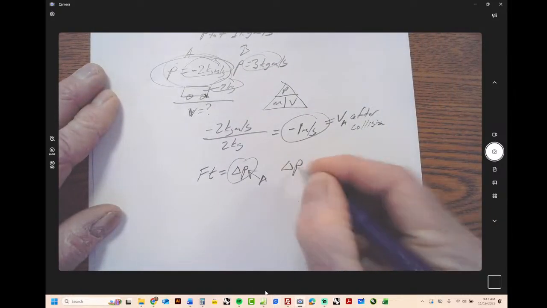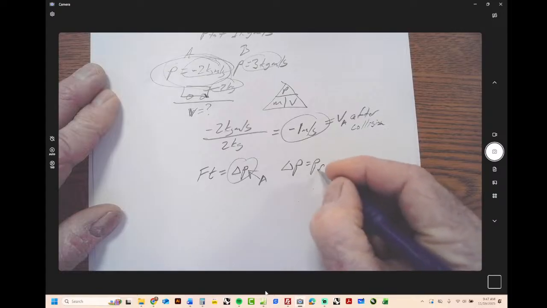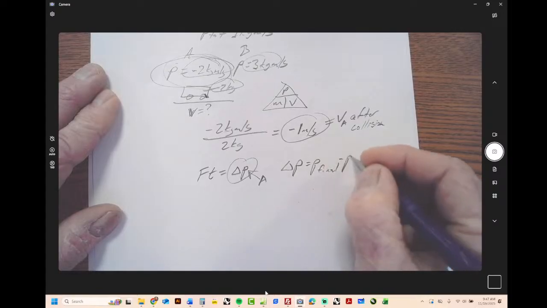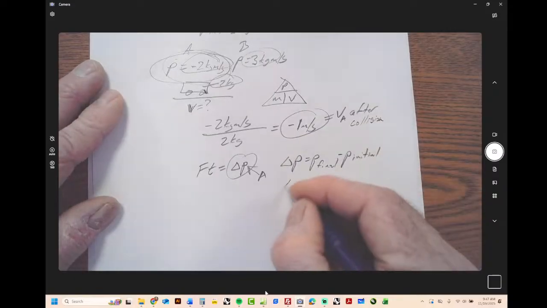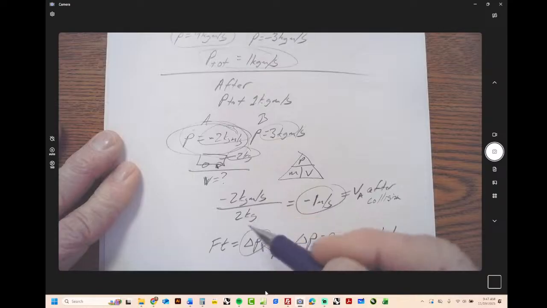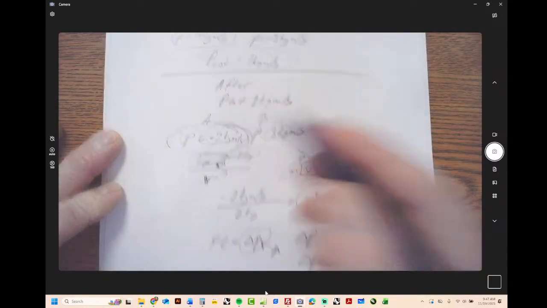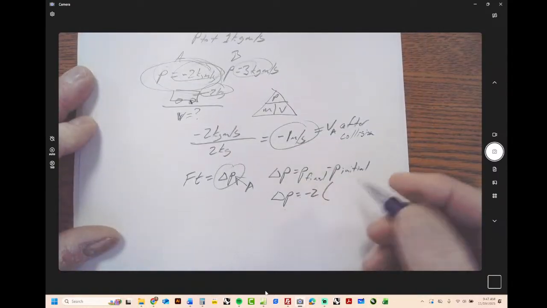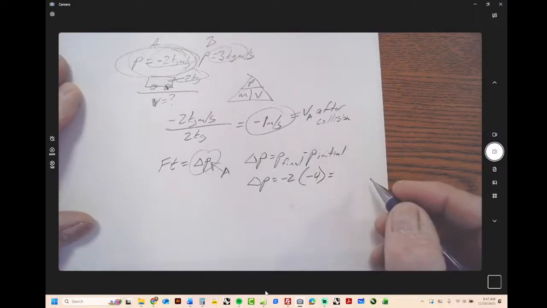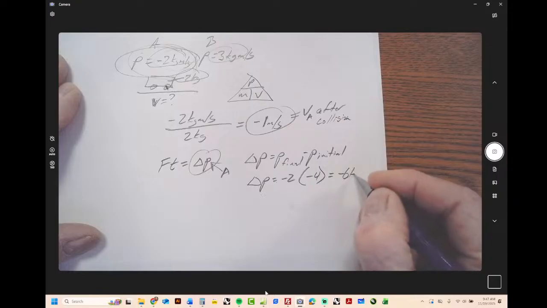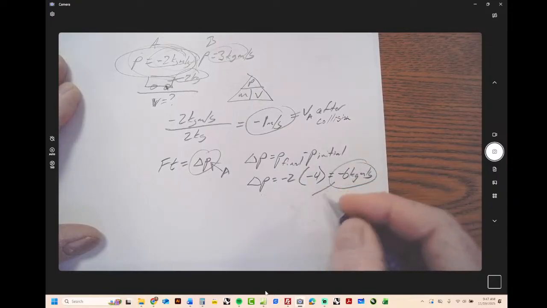So change of momentum equals P final minus P initial. The final momentum is negative 2. The initial momentum was 4, so the change is negative 6. So that's the answer, this is the impulse.